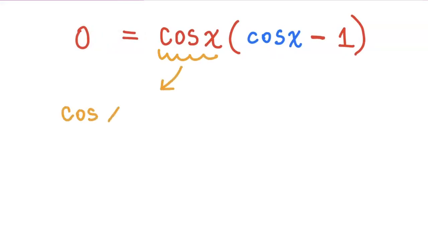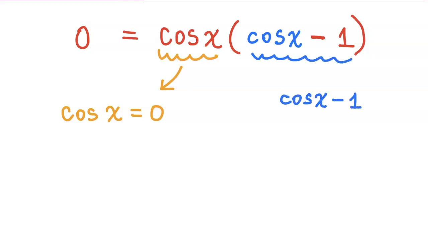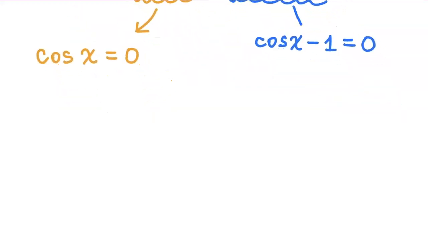Cosine x equals 0 is one equation we're going to solve. And the other equation that we're going to solve is cosine x minus 1 equals 0. The blue one, okay? This one right here. I will add 1 to both sides, okay? So we have cosine x equals 1.